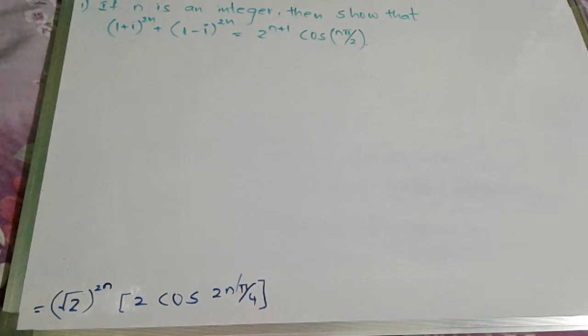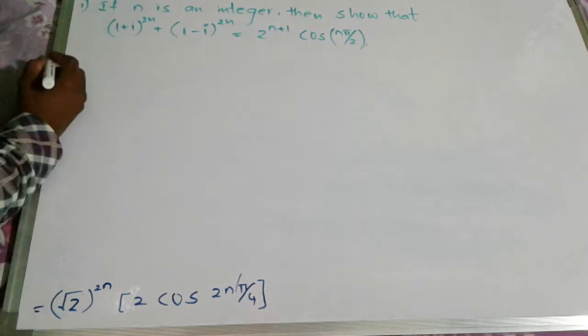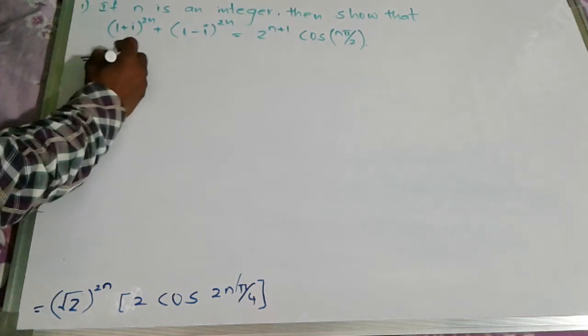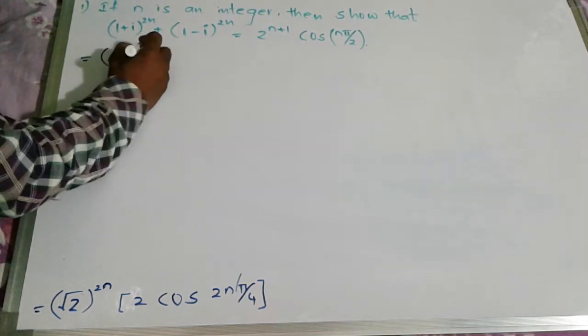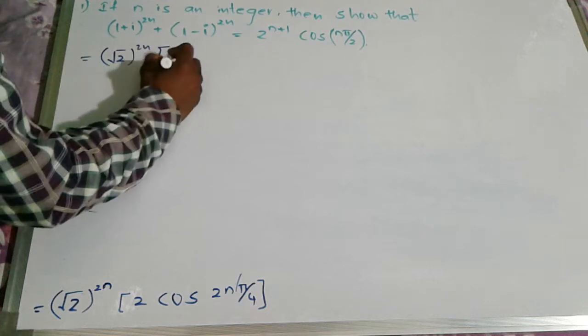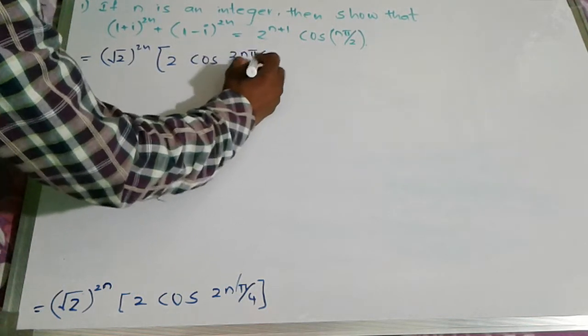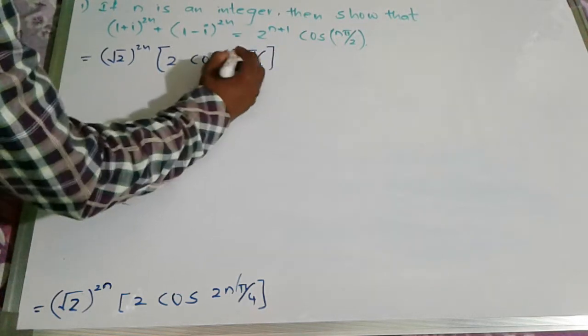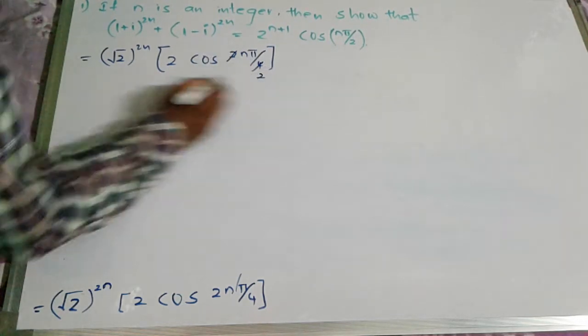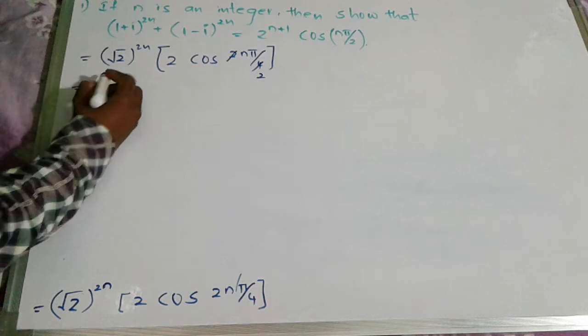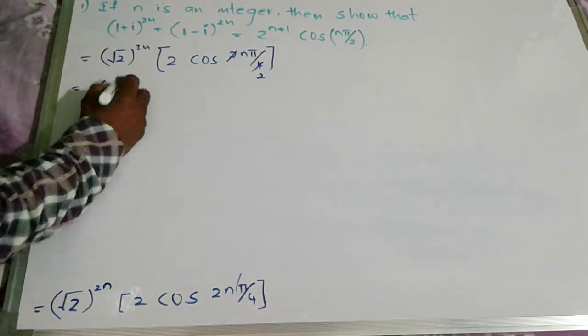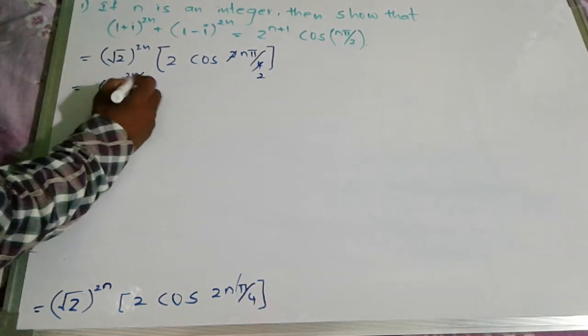Now okay guys, I am writing this last step over here again, that is root 2 whole power 2n of 2 cos 2n pi by 4. Here 2 ones are 2, 2 twos are 4, and root 2 can be written as 2 power 1 by 2, so 2 power 2n by 2.